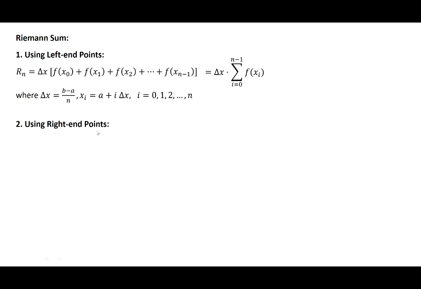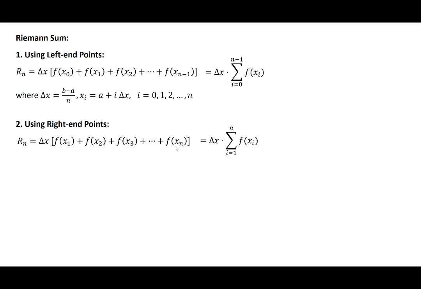All right. Now, the right endpoints version would be similar but not identical. The width times, for the first rectangle, it's the right endpoint's height, right? The function value for the first rectangle is at x sub 1, so f of x sub 1, and f of x sub 2 and all of this.